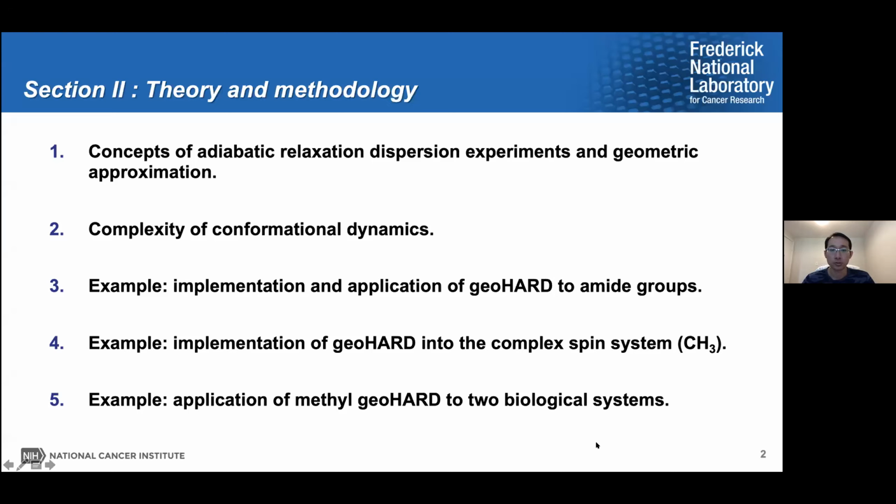And then I will try to show you some examples of how to implement and apply this on the AMI group. And then we try to implement this technique into the complex spin system CH3, then show two following applications.